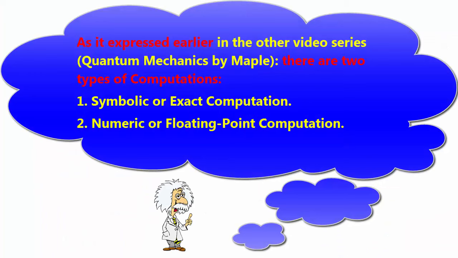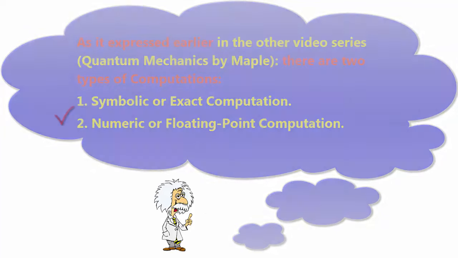As expressed earlier in the other video series, Quantum Mechanics by Maple, there are two types of computations. 1. Symbolic, or exact computation. 2. Numeric, or floating point computation.